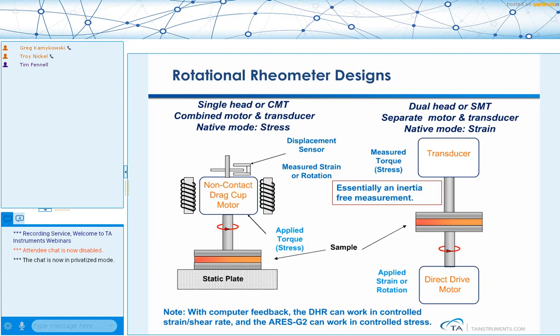On the other hand, if you look on the right, we show the schematic of an Aries G2 rheometer, and that has a unique design to it. The motion actually occurs on the bottom with a direct drive motor, and the torque is measured through a force rebalance transducer. So it measures the torque that's transmitted through the specimen.